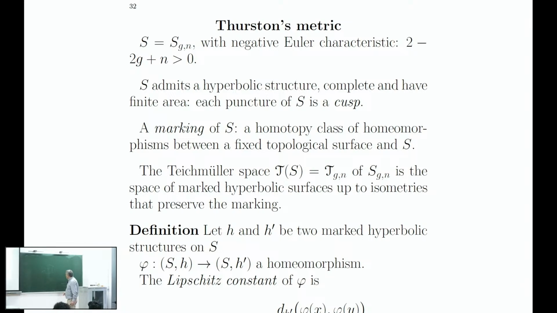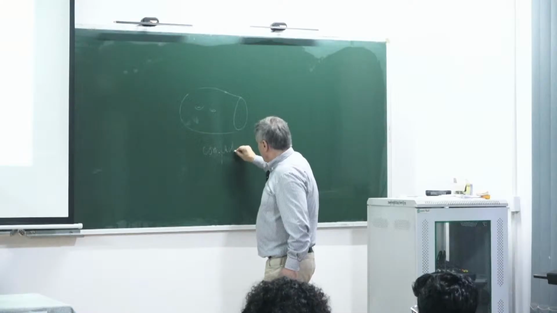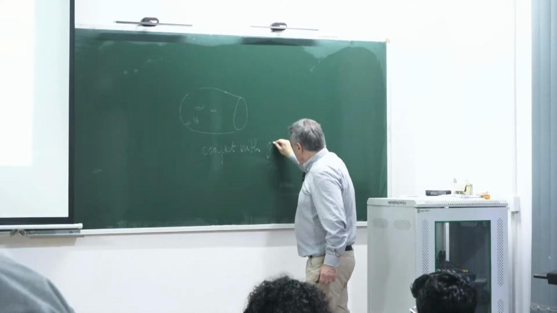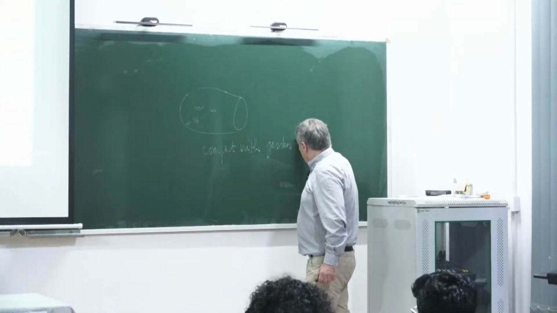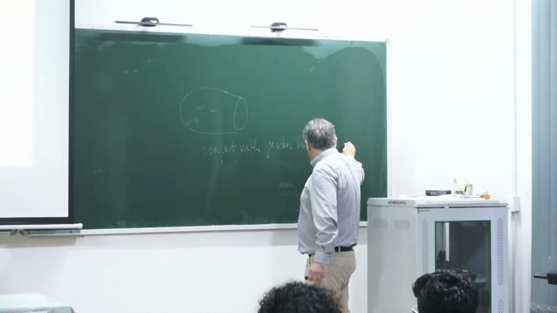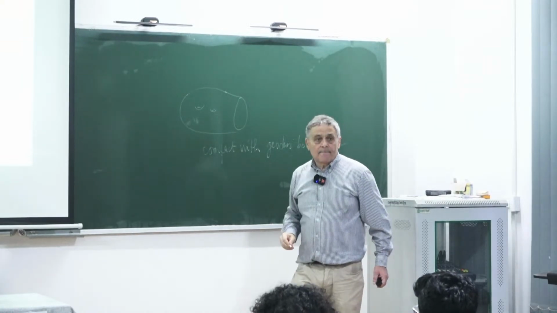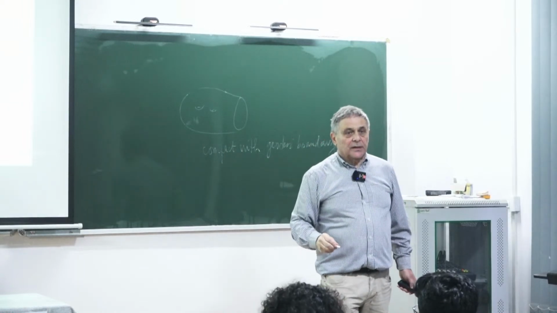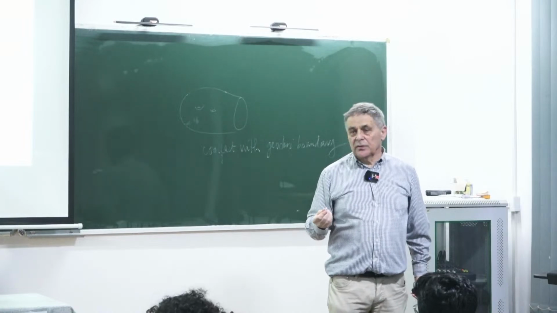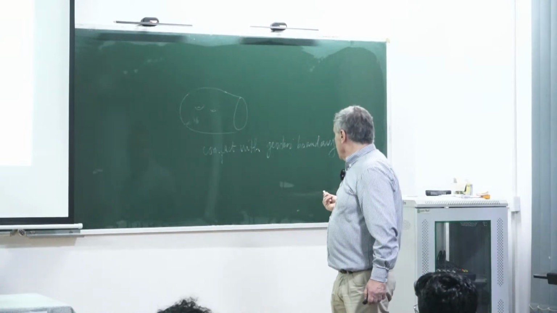Okay, so this is a surface which is compact with boundary components and with geodesic boundary. And you have to modify the theory a little bit when you deal with these surfaces.